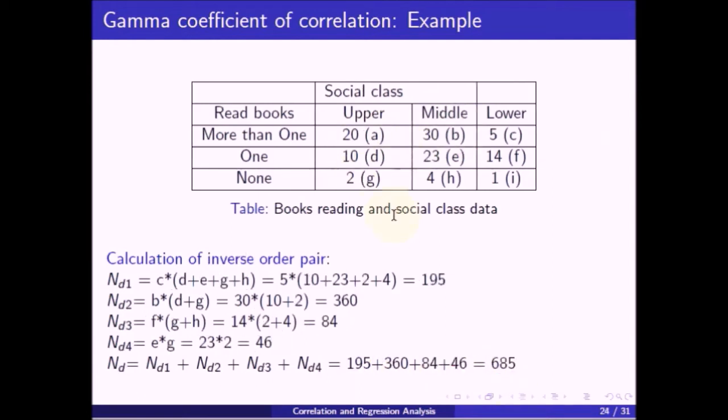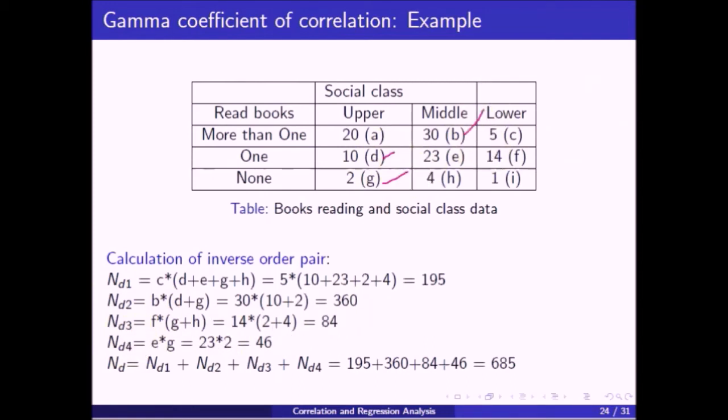Next, calculation of inverse order pairs. ND1 is C into D plus E plus G plus H, so it is 195. ND2 is B into D plus G, so B into 10 plus 2.